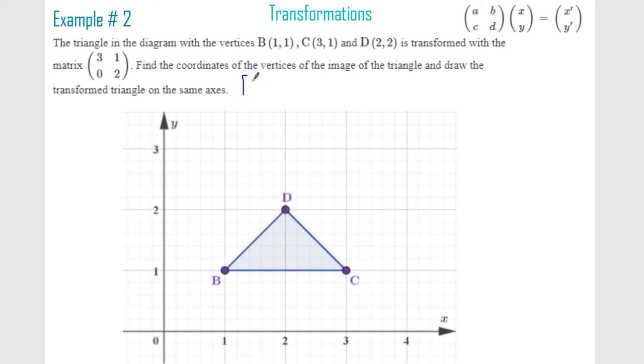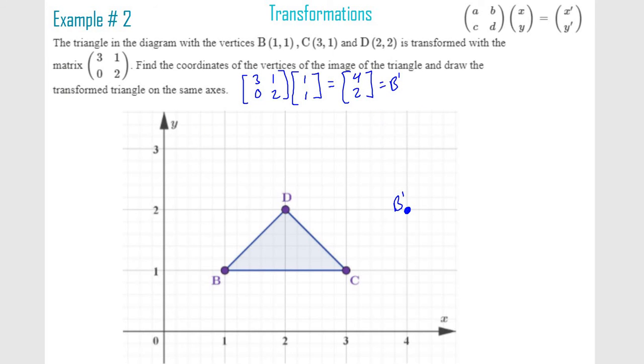So we have the matrix 3, 1, 0, 2, and we multiply it by the matrix 1, 1. We should get 4 and 2. So this is now the new image for B, at 4, 2. And you keep doing it for the other ones.